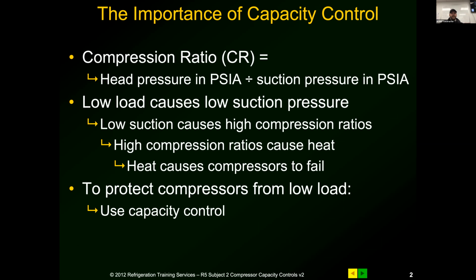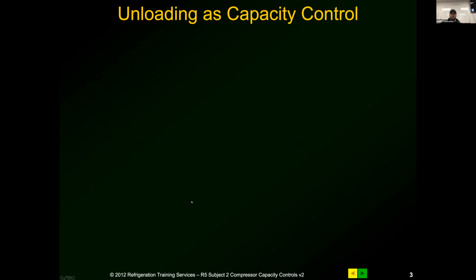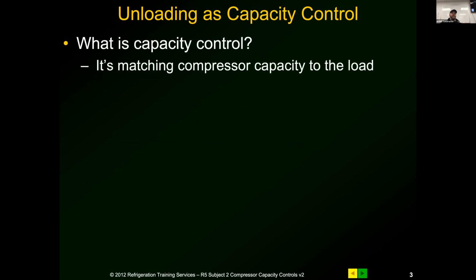They use these capacity controls to keep that compressor running, but just unload it or ramp it down depending on the capacity control they're using. Capacity control is usually used to match the load it's controlling.